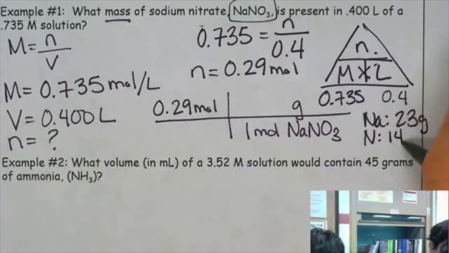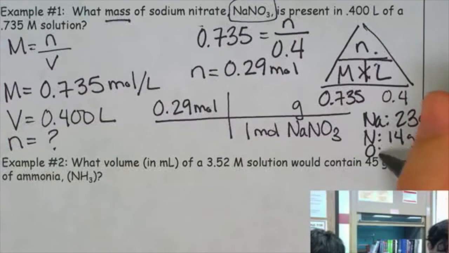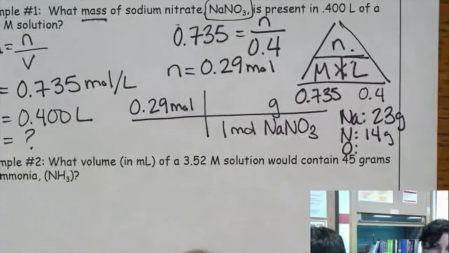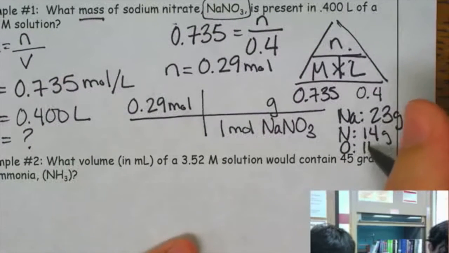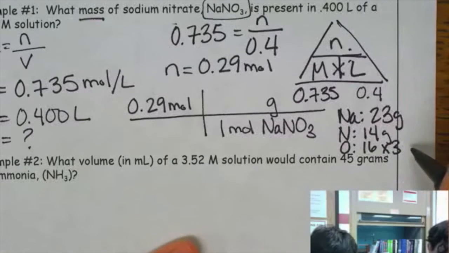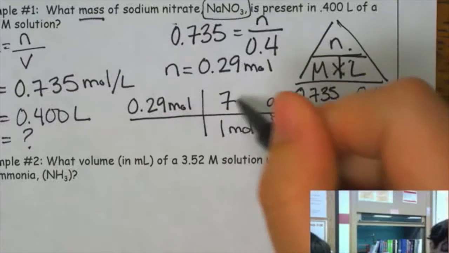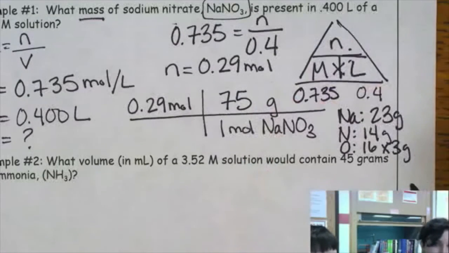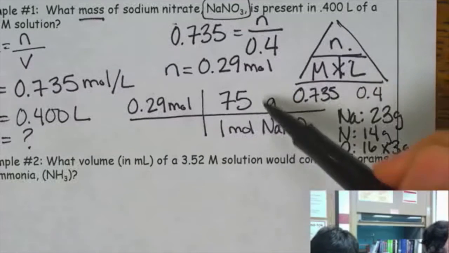And then O is what? 16. And we've got 3 of them, so 16 times 3. So 23 plus 14 plus 16 times 3 gives 75. So 75 grams is our molar mass, that's how many grams are in 1 mole of NaNO3.